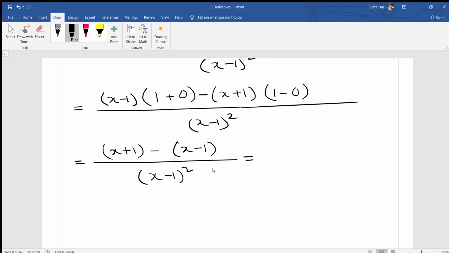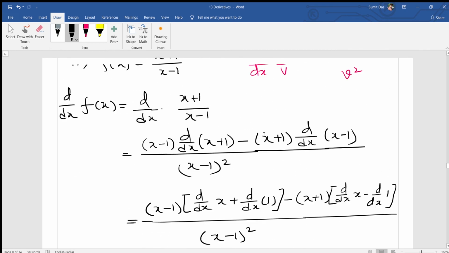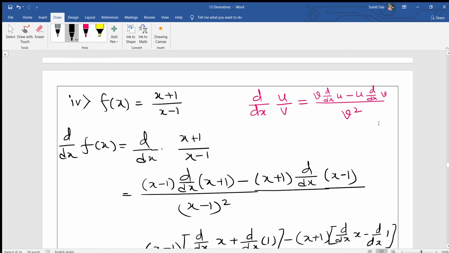If you simplify this, it will be x + 1 - x + 1 divided by (x - 1) whole square. So x cancels, and it will be 2/(x - 1)². Division formula: if you can't remember the big formula, you have to remember at least this one. Understood?